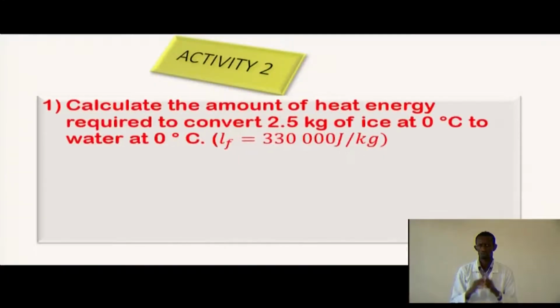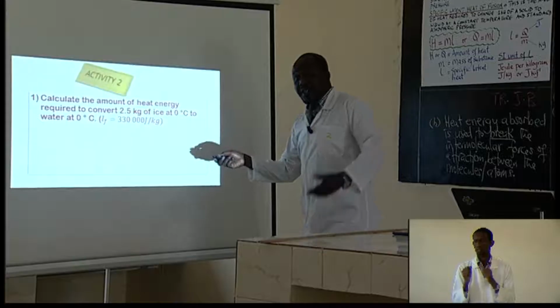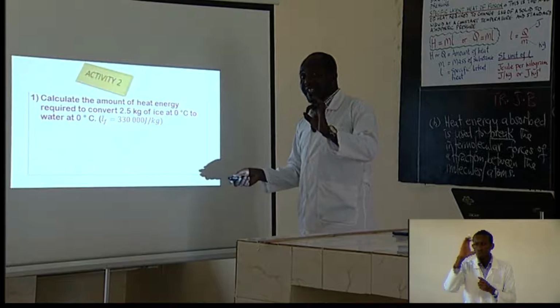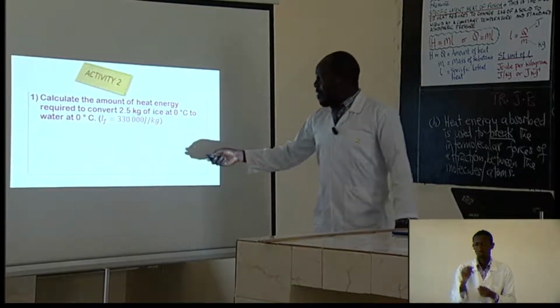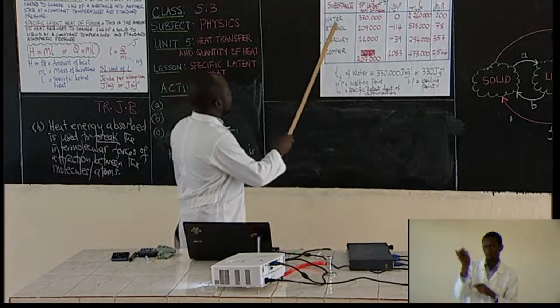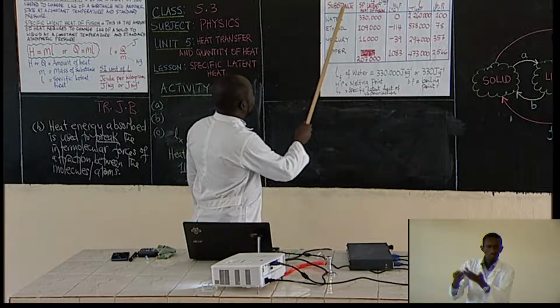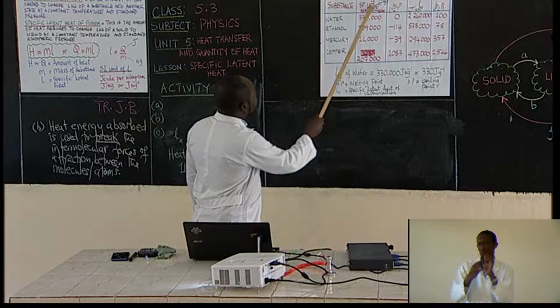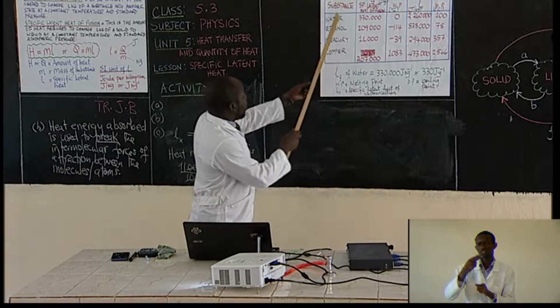Activity number 2 is telling us to calculate the amount of heat energy required to convert 2.5 kilograms of ice at what temperature? 0 degrees Celsius to water also at 0 degrees Celsius. Remember, specific latent heat, no change in temperature. And they have given us the specific latent heat of fusion of ice. When you look at our table here, this is specific latent heat of fusion of the following substances.